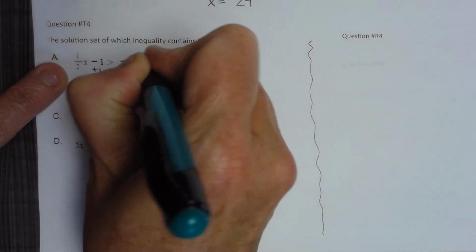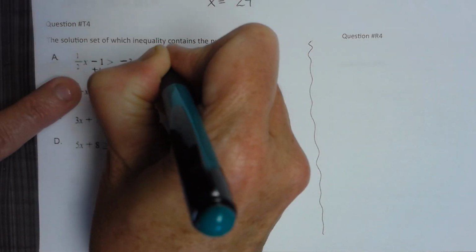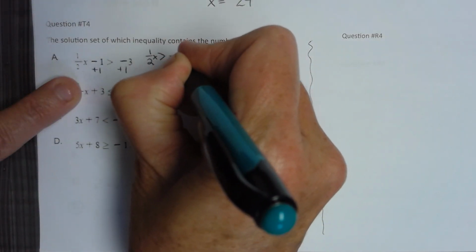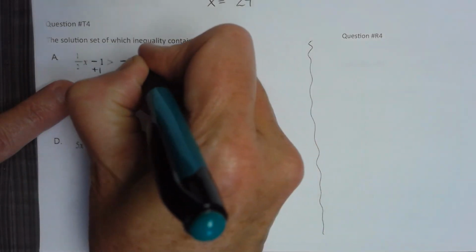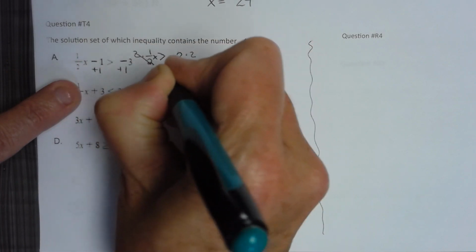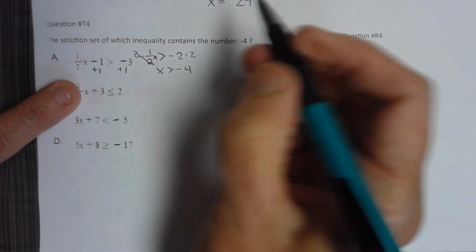So I have 1/2 x is greater than negative 2. I'm going to multiply both sides by 2. And I get x is greater than negative 4.